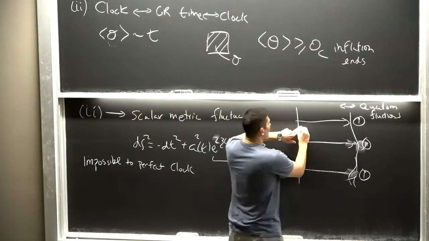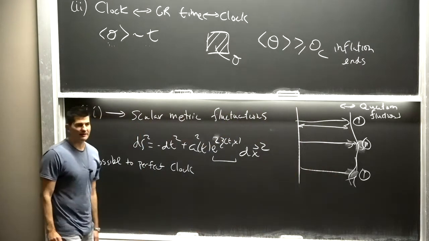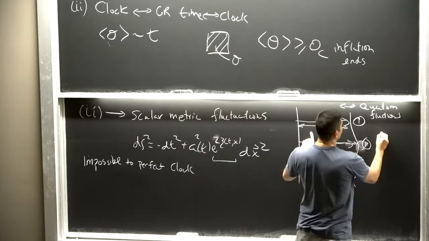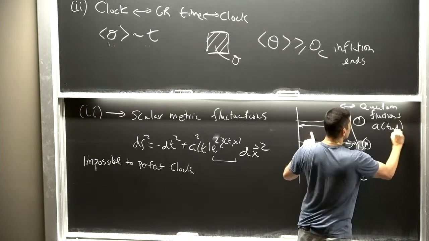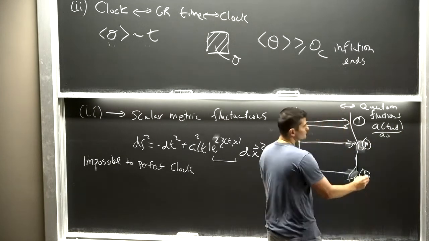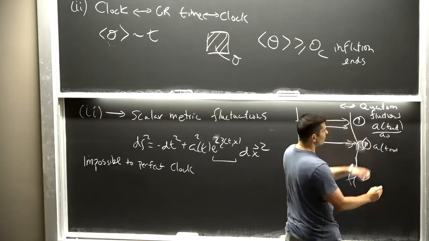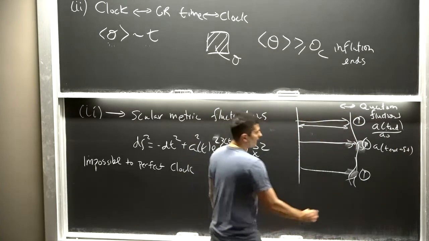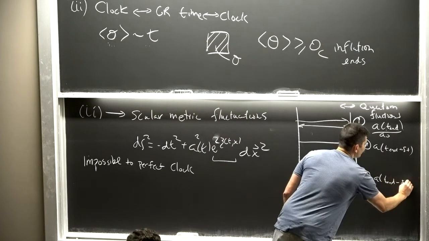So along each one of these directions, inflation lasts for a slightly different amount of time. So the expansion of the universe here is like a of t, and that's how much, from the beginning, a of t naught. But this one is going to be whatever it's supposed to be plus whatever tiny fluctuation there was of the clock. And this one here is going to be the same, but let's say it fluctuated in the opposite direction.